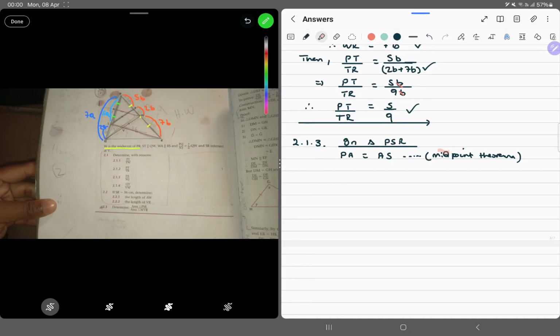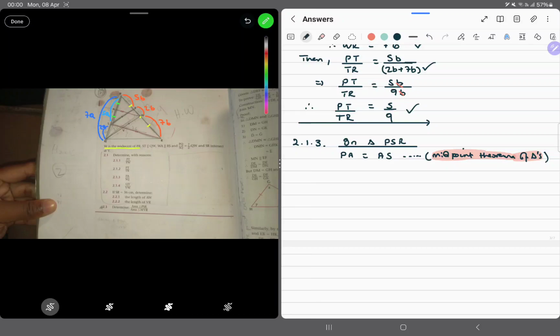But what needed to come out was the midpoint theorem of triangles, because this midpoint theorem is of triangles. Maybe I should even indicate that. Say midpoint theorem of triangles. Because you don't use this elsewhere, do you?